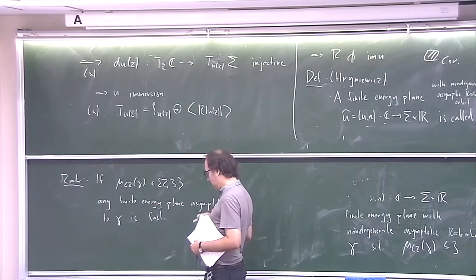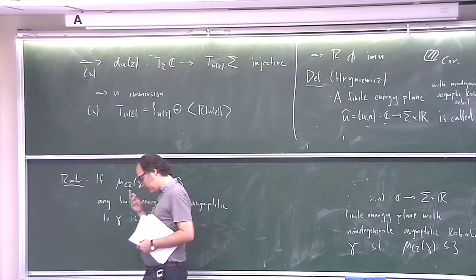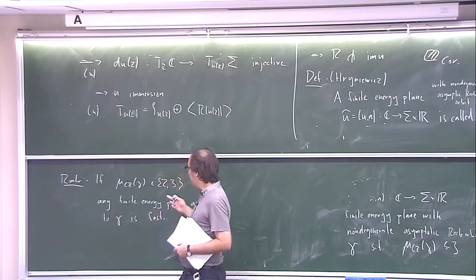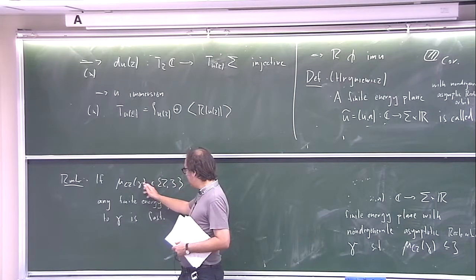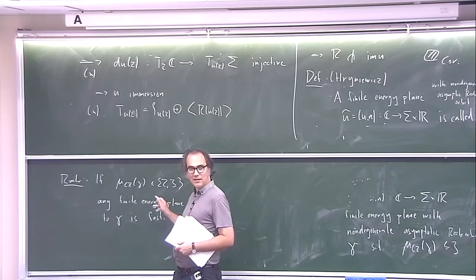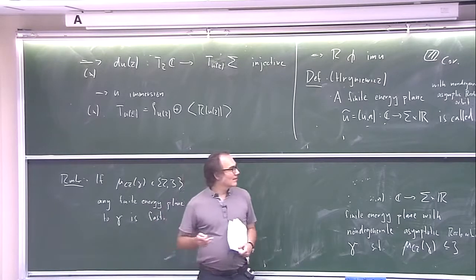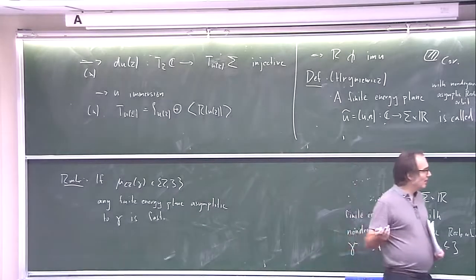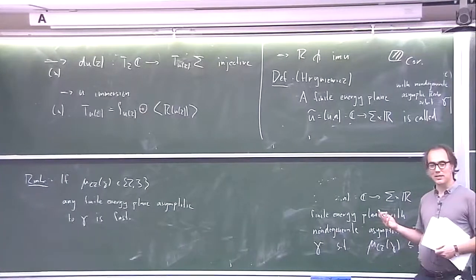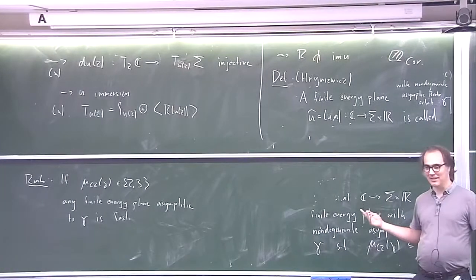But what was the insight of Hofer, Wysocki and Zehnder? Even if the Conley-Zehnder index of gamma is bigger than 3, then at first this moduli space of finite energy planes doesn't look good for finding a global surface of section, because there are much too many. It's much too big.